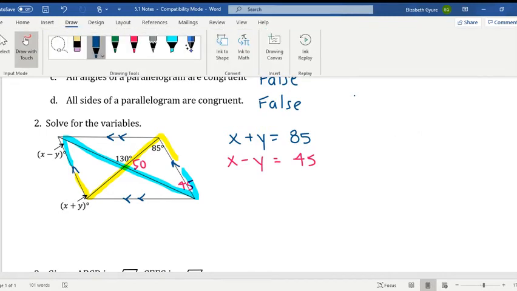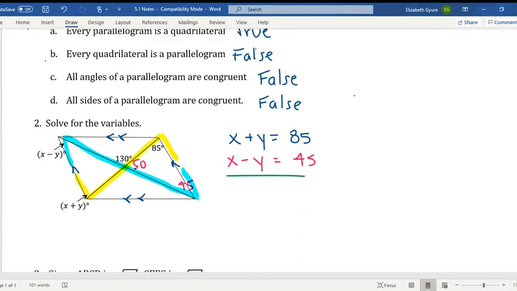So since I'm going to do elimination here, remember what you do is you literally look for a variable to eliminate. A positive x and a positive x won't eliminate, but a y and a negative y will. So I'm going to cancel those out and then combine my like terms vertically. So x plus x is 2x, and 85 plus 45 is 130.